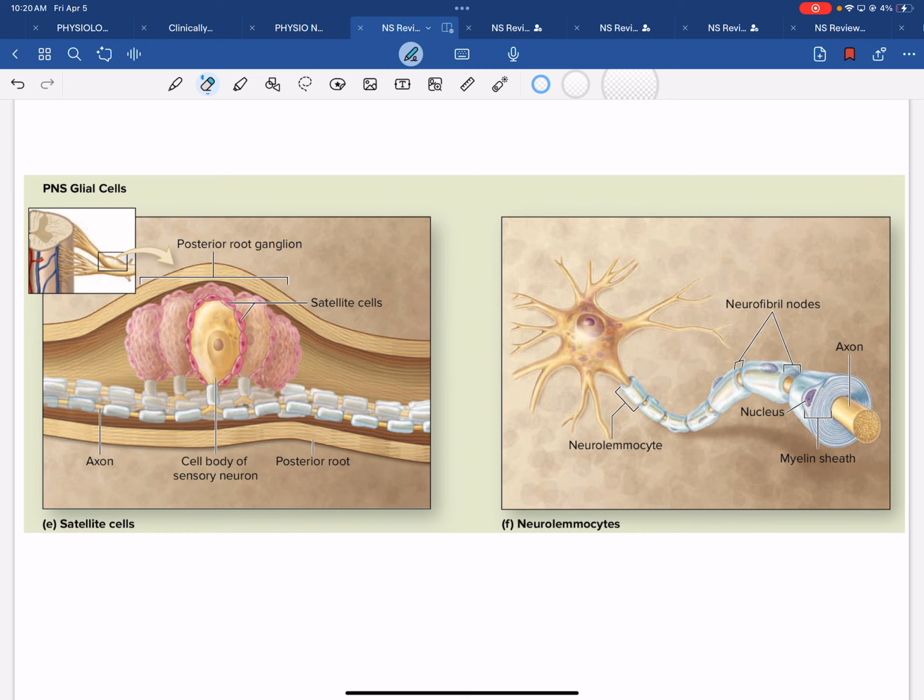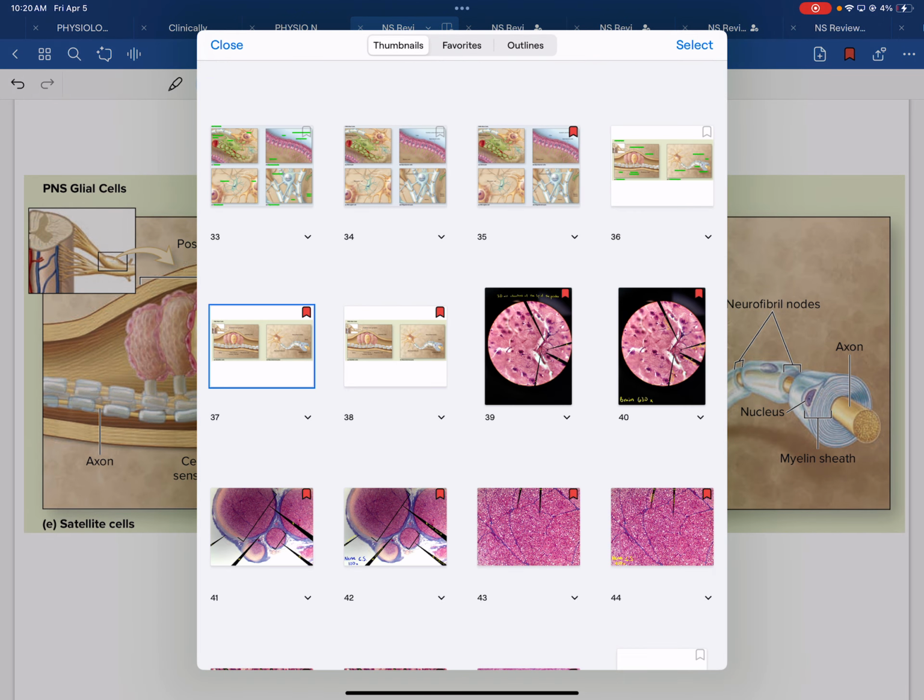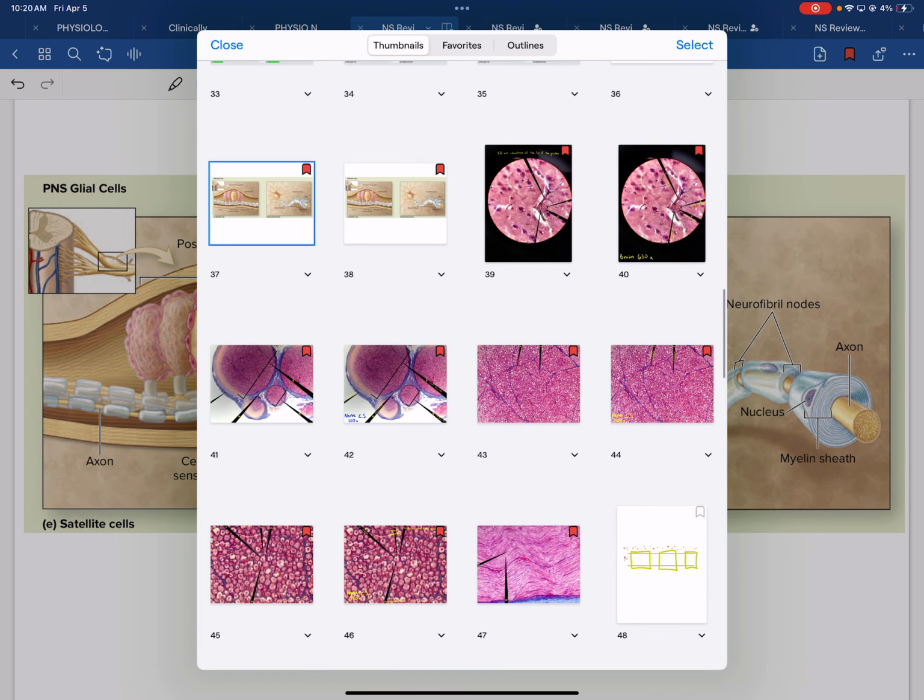So a Schwann cell myelinates one axon, but oligodendrocytes myelinate multiple axons. And the other thing is the neurolemmocyte is PNS, where the oligodendrocyte is CNS. Good. All right.